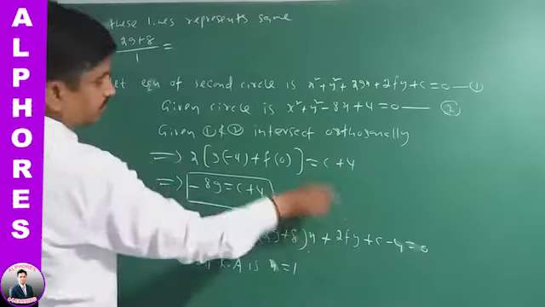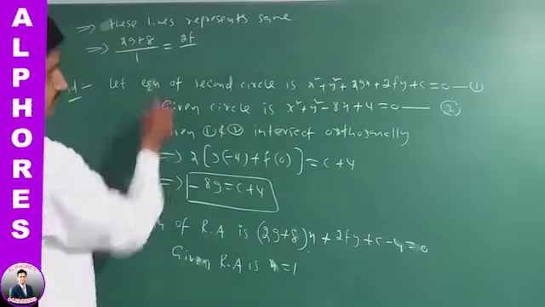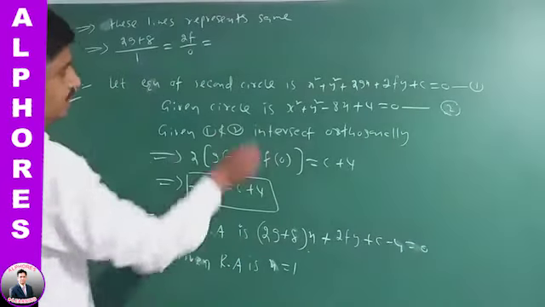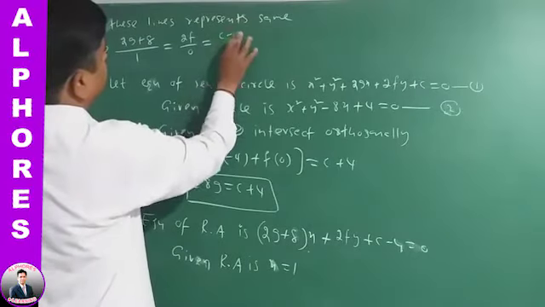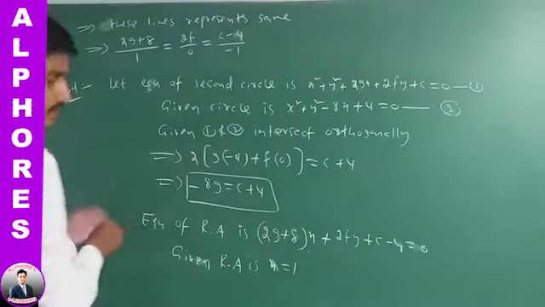The coefficient of y is 2f, and there is no y term in the equation x equal to 1, so it is 0. Next, the constant is c minus 4, and in this equation the constant is minus 1.